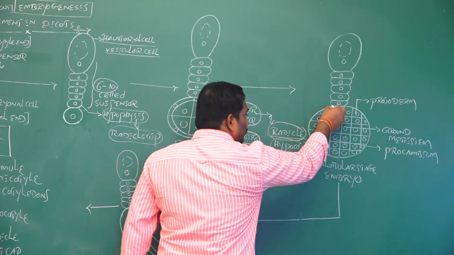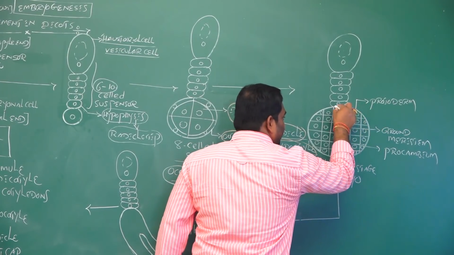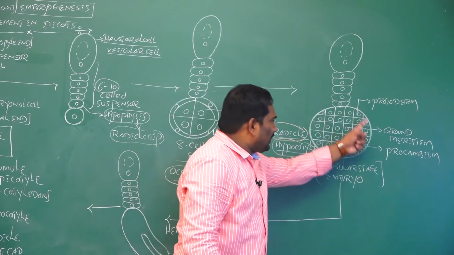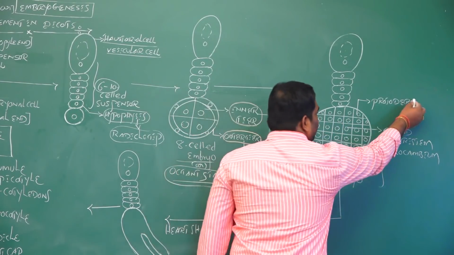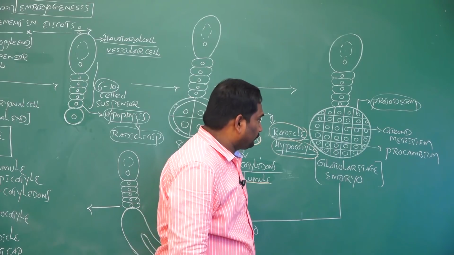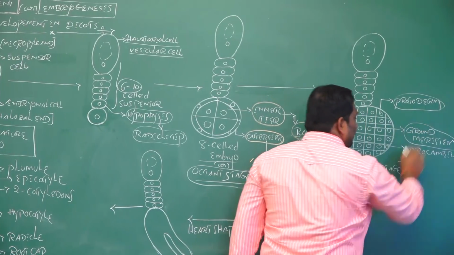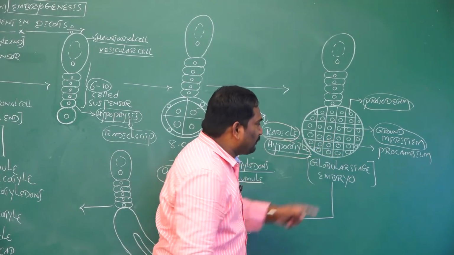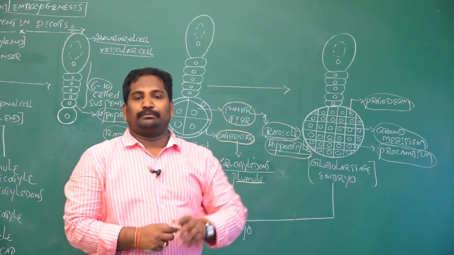Then it produces the globular stage of embryo, a multicellular globular stage that looks globe shaped. In this globular stage, the outermost layer of cells forms the protoderm, which forms the epidermis. The second layer forms the ground meristem, that means cortex and endodermis. The inner mass is called procambium. It forms vascular tissues like xylem and phloem.